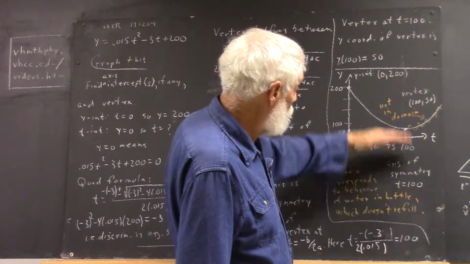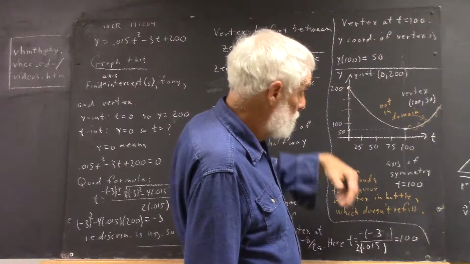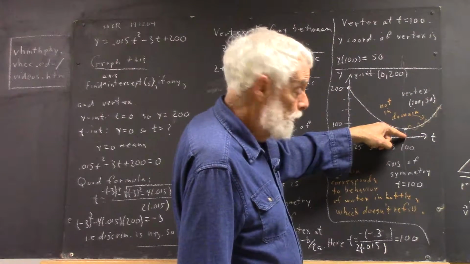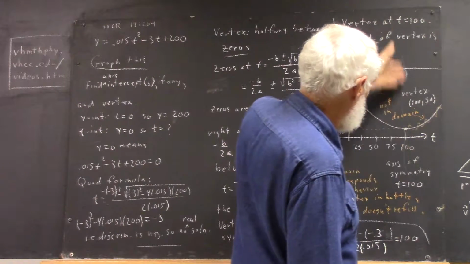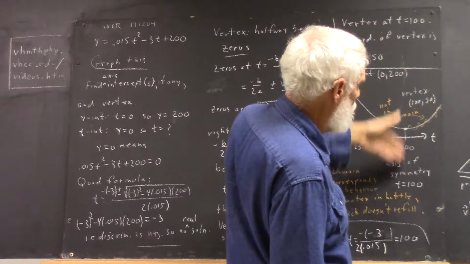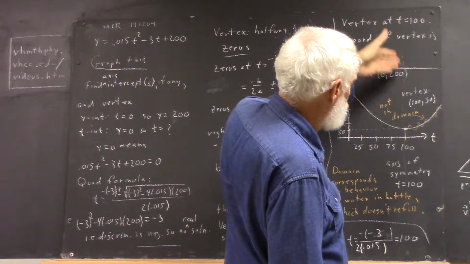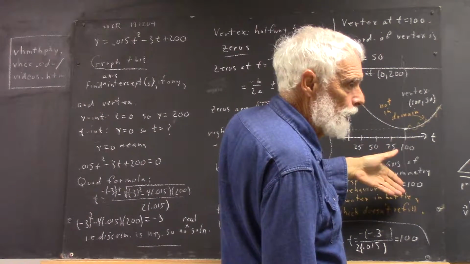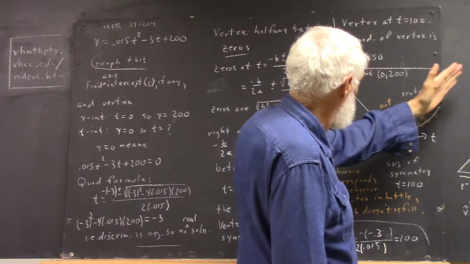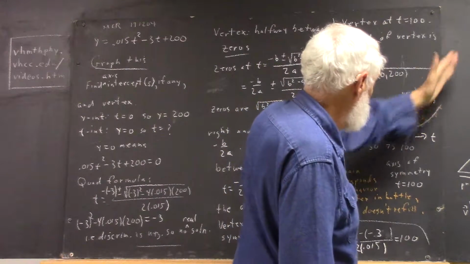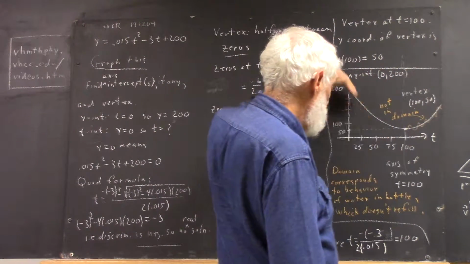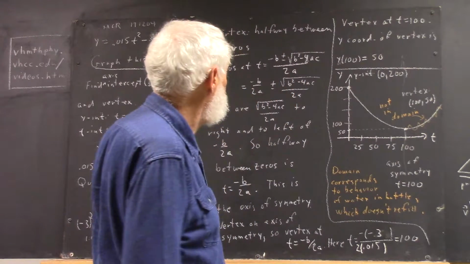At this point we don't know what the y value is going to be, but we know that the t value is 100. So we draw this light dotted line, or it's actually solid in this case. This vertical line is our axis of symmetry, and our parabola is going to be symmetric with respect to this line. What we get on one side of the line, if reflected through the line, gives us the other side of the line.